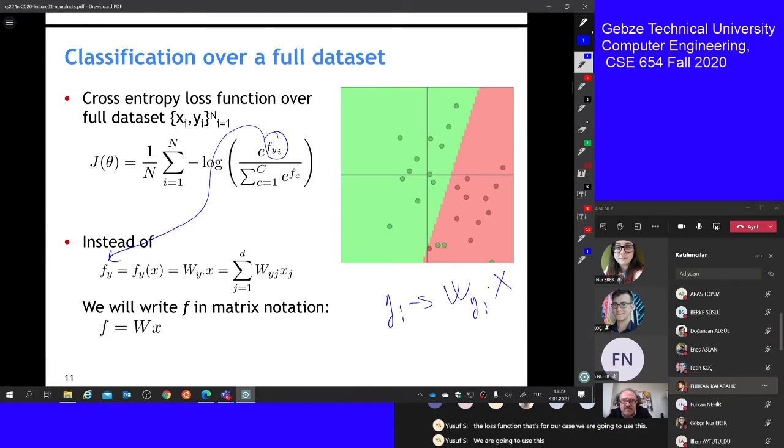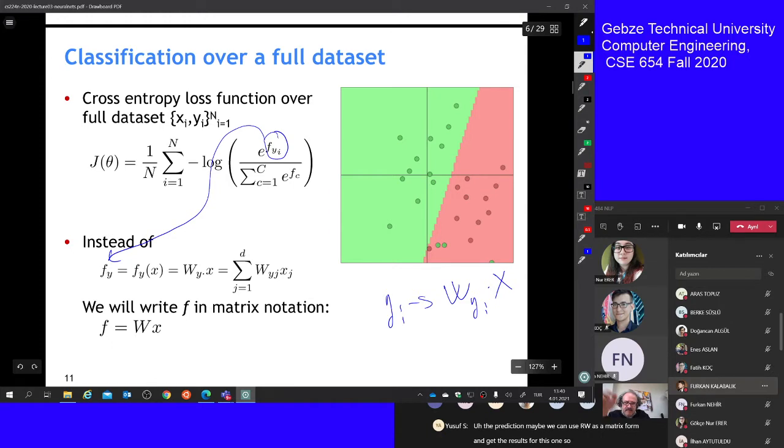Remember, this is our softmax. Softmax is used for predicting the class of a sample. Loss function is used for training. Okay, so these are two different things, and again, to calculate the prediction, maybe we can use our W in matrix form and get the results for this one.